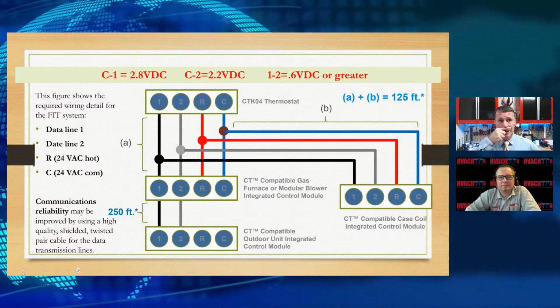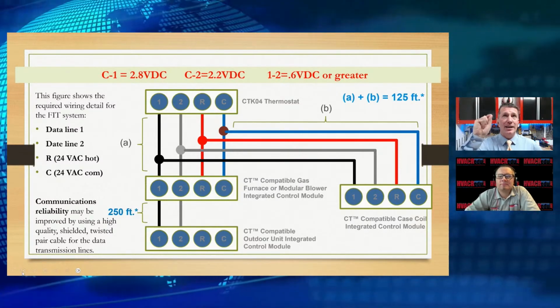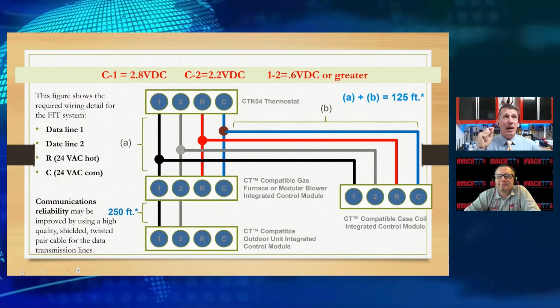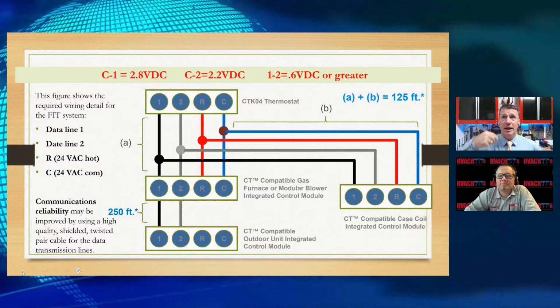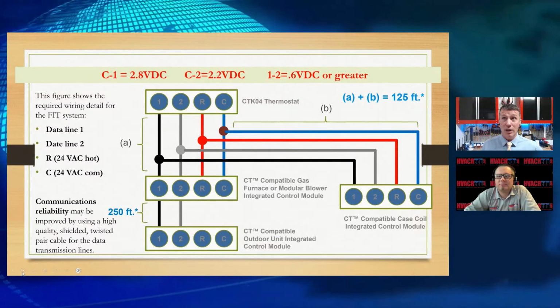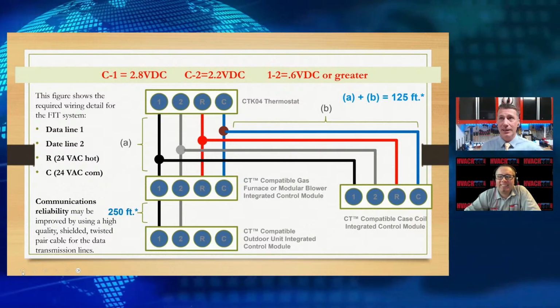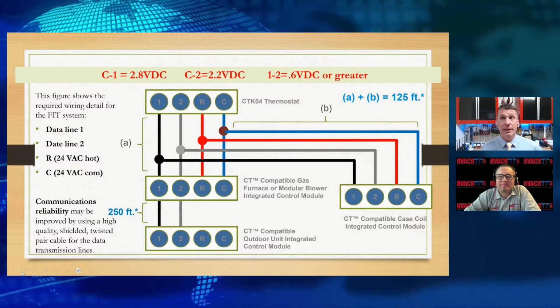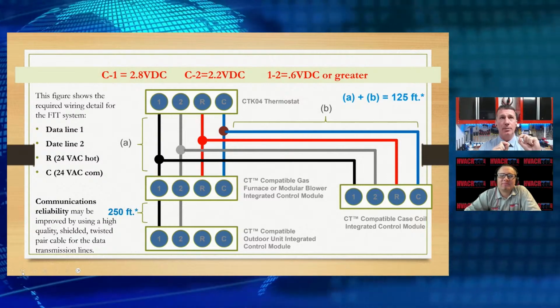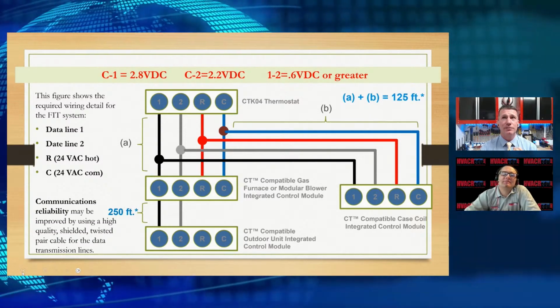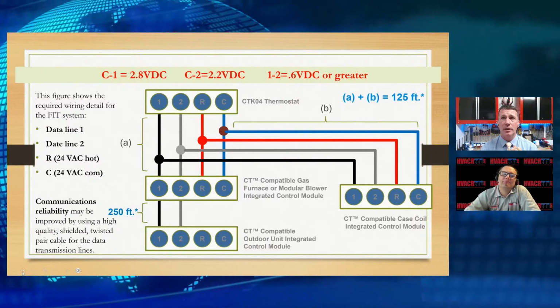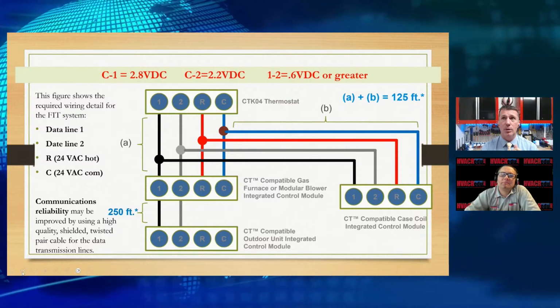Here's the thing. If we do not have 0.6 volts DC bias or greater on the Climate Talk network, you're coming back. It's that simple. You can literally measure between number 1 and number 2, and if you have less than 0.6 volts DC on a Climate Talk network, you do not have a stable bandwidth.